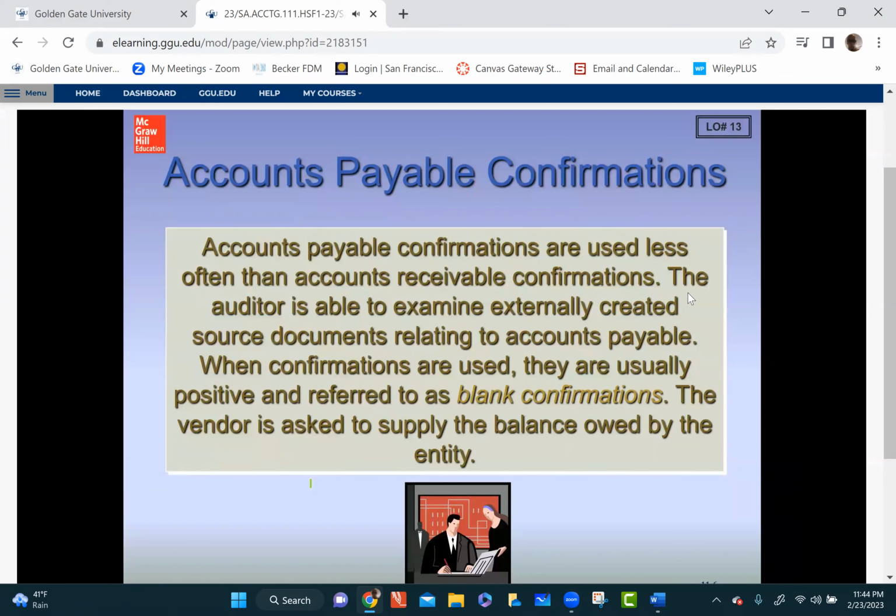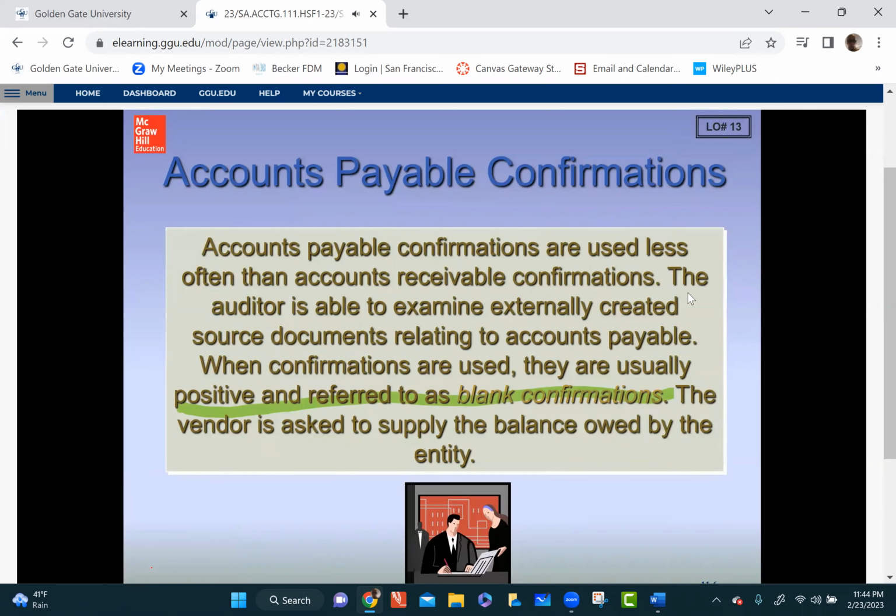if you want to, and they tell you that you should generally use blank positive confirmation if you choose to do that confirmation of accounts payable.